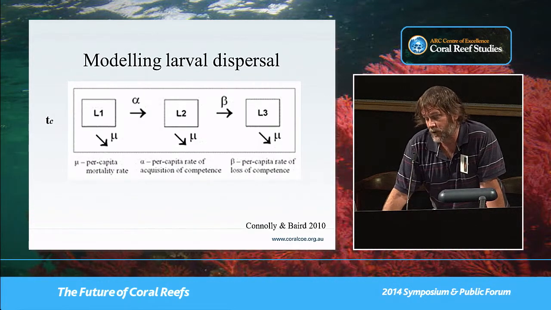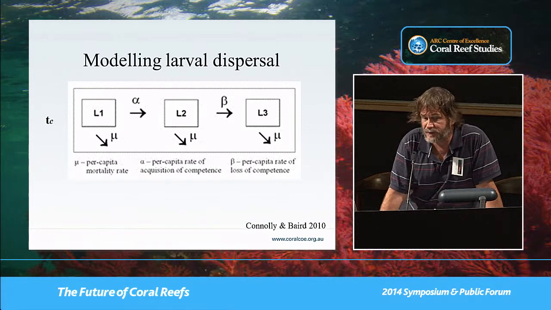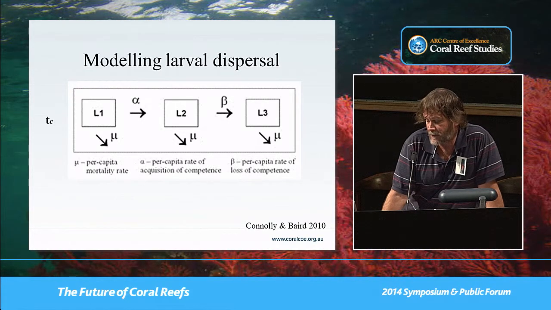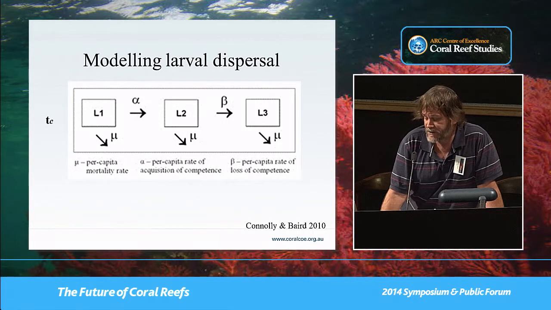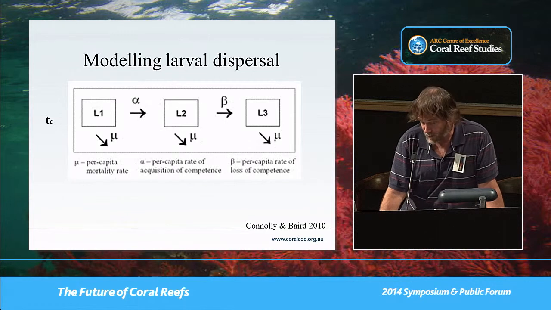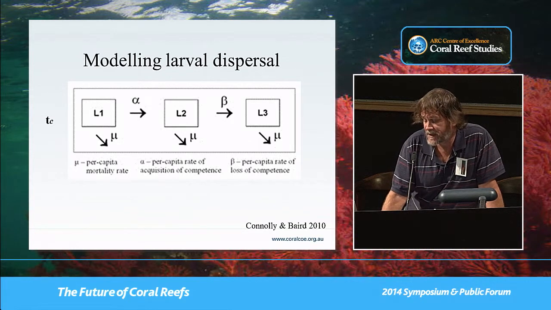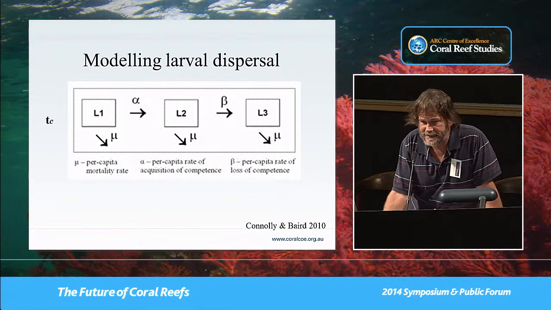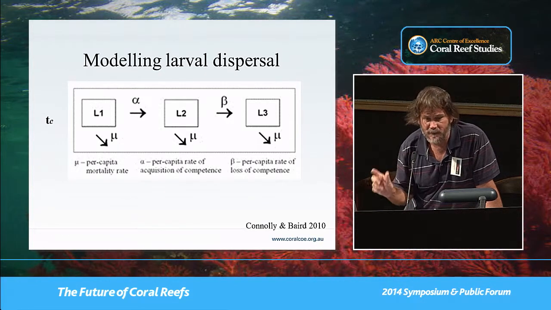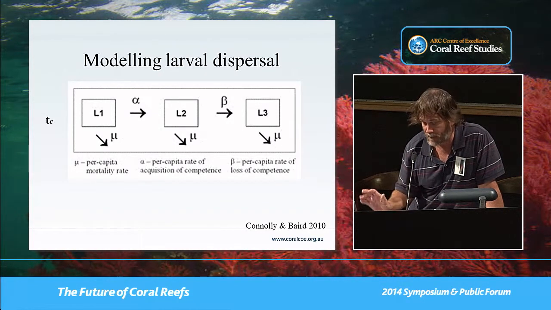And then we used this model of Sean Connolly's to fit curves to our empirical data on changing competence through time. Those curves allow us to estimate a number of parameters that we can compare among our treatments, the most important of which is TC there on the left, which is the time delay until these larvae can become competent to settle.